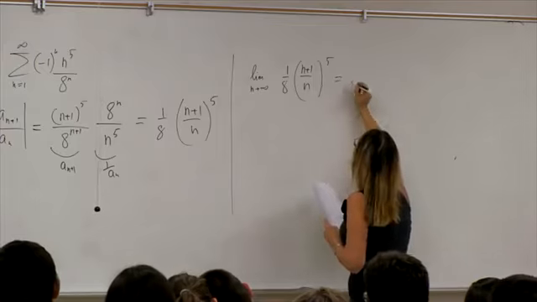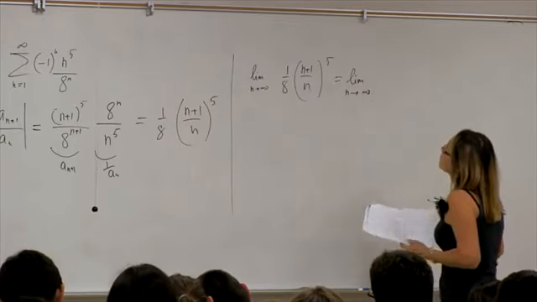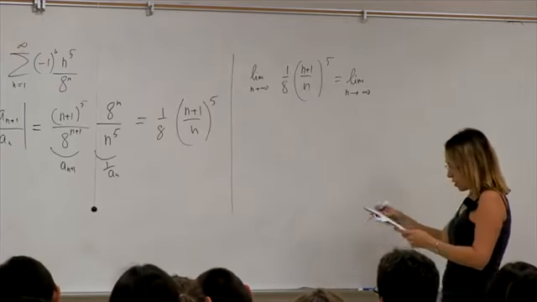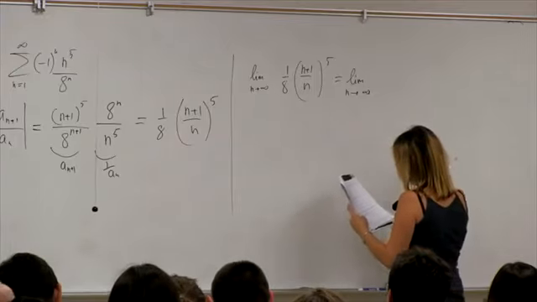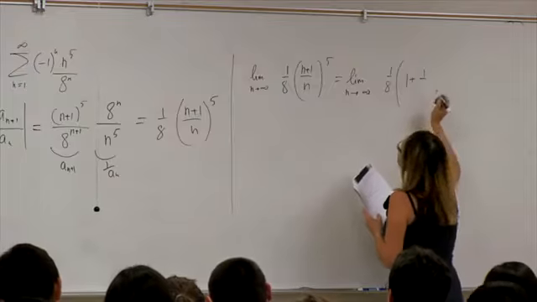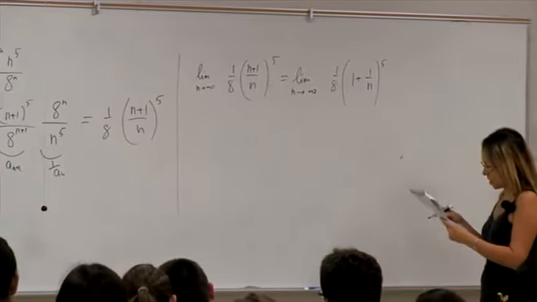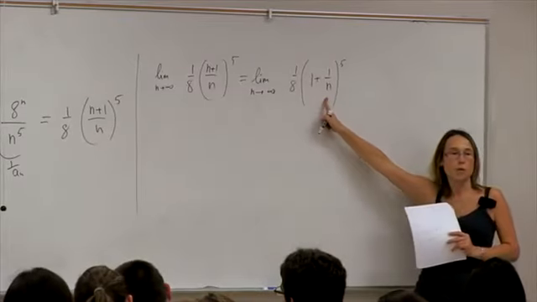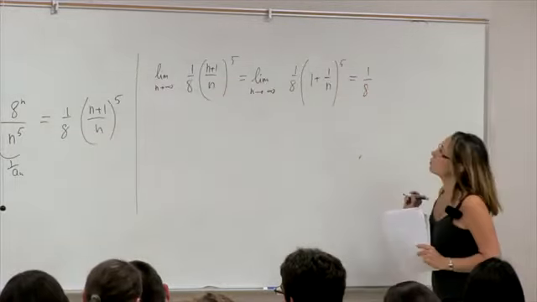How do I calculate such a limit? I'm going to multiply and divide the numerator by n to the 5. So I have 1 over 8. As n goes to infinity, 1 over n tends to 0, and the limiting value is 1 over 8.